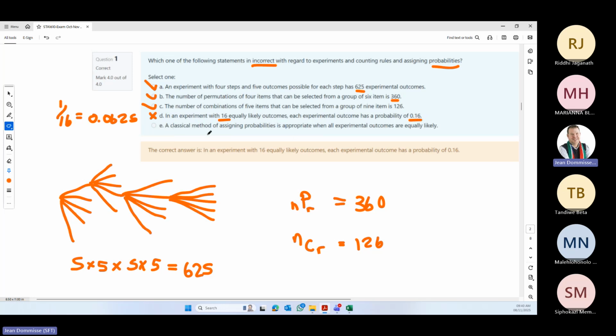Then a classical method of assigning probabilities is appropriate when all experimental outcomes are equally likely. Okay, which is correct. An example like that is tossing a coin, equally likely to get heads or tails, or throwing a dice, equally likely to get a 1, 2, 3, 4, 5 or 6.